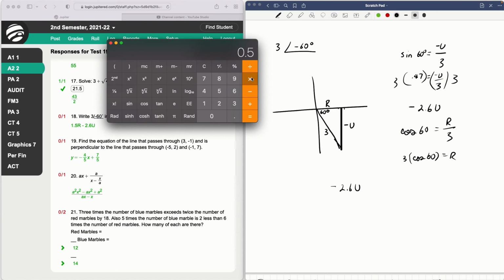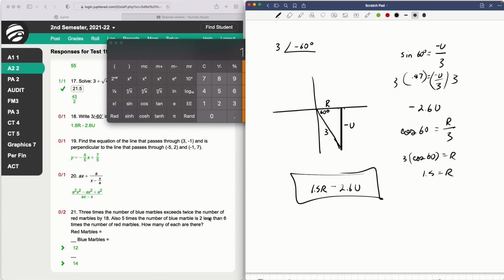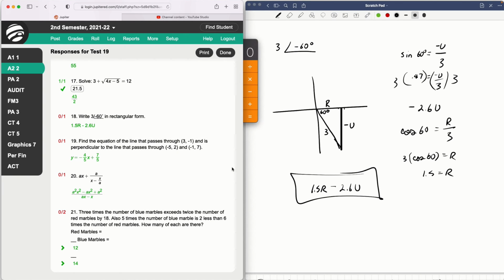So whenever you use a calculator, make sure you clear it really well before you get started. So 1.5 r minus 2.6 u is your answer. I just didn't clear it out. That's why I didn't get the right answer before. That's important. Make sure you don't have any other calculations hiding back there.